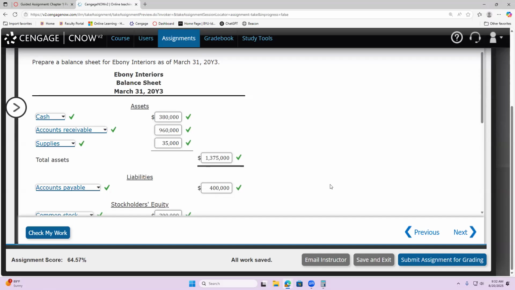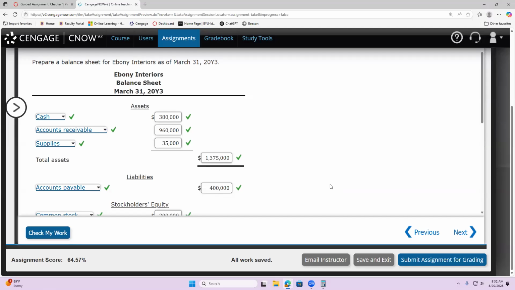The second thing we need to know is that revenue minus expenses is another nifty way of saying net income. So we can write retained earnings equals net income minus dividends for the month. Total retained earnings equals beginning retained earnings plus net income minus dividends will give us our new retained earnings, right?